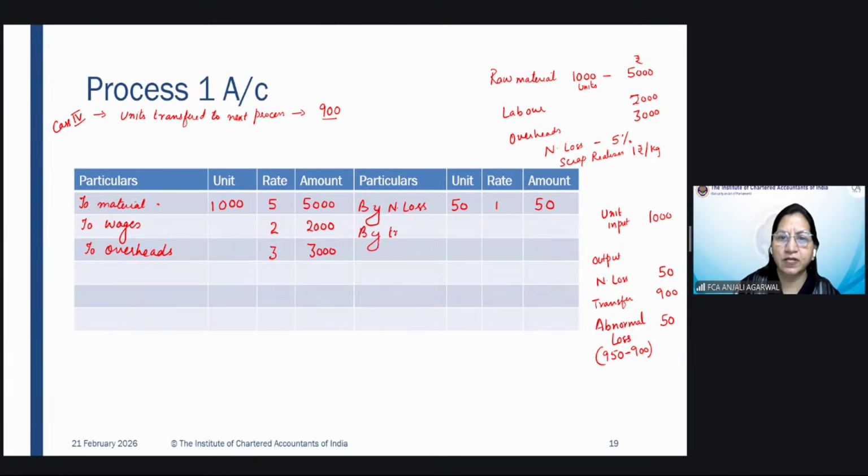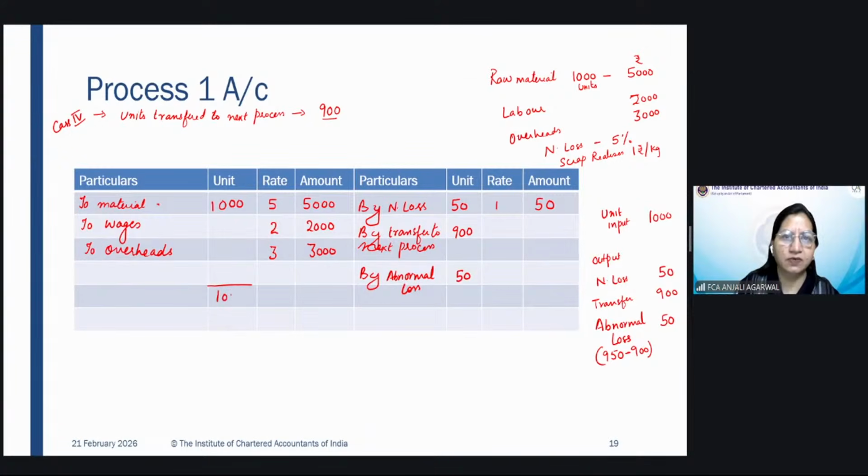By transfer to next process, now it is not 950 the balancing figure, it is 900 the given figure. So what has happened? There is an abnormal loss. How many units? 50 units the balancing figure.